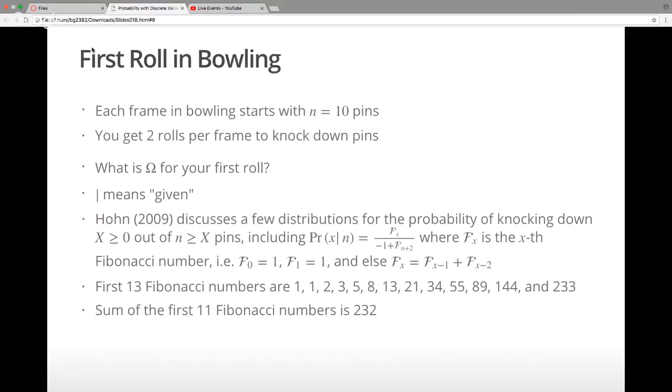But is it the case that if we put in 9 here for the first one and multiply by the probability of knocking down 1, given that there's 1 remaining, is that going to be equal to if we put in 1 here on the first roll and then the probability of knocking down 9, given that there's 9 remaining on the second roll?